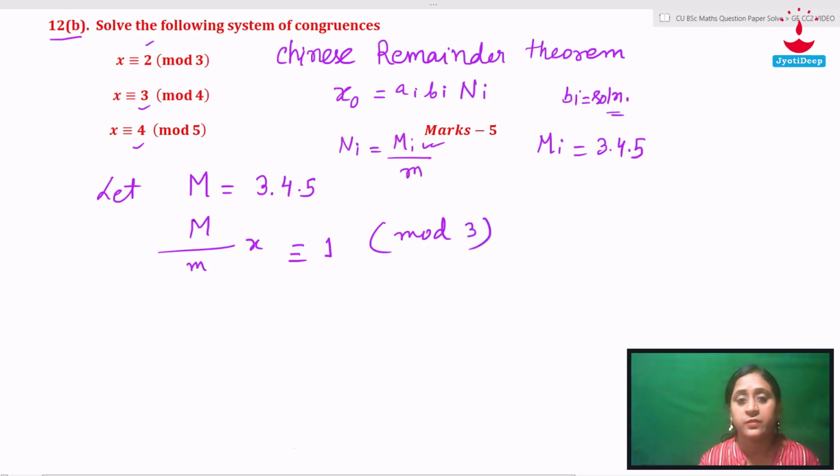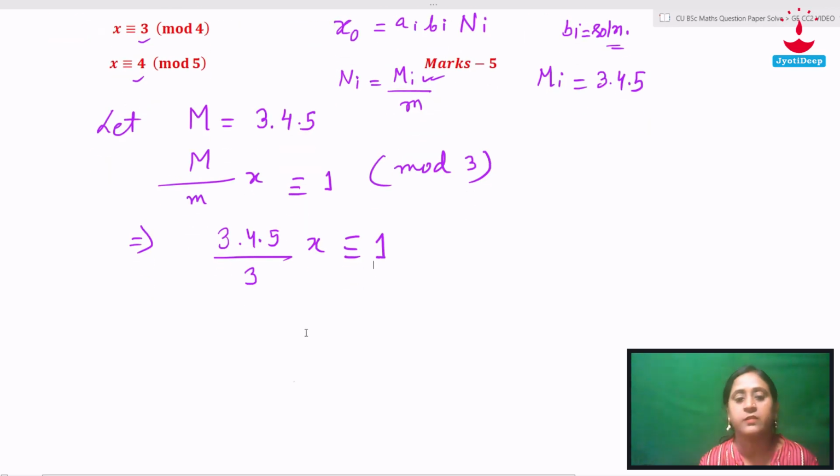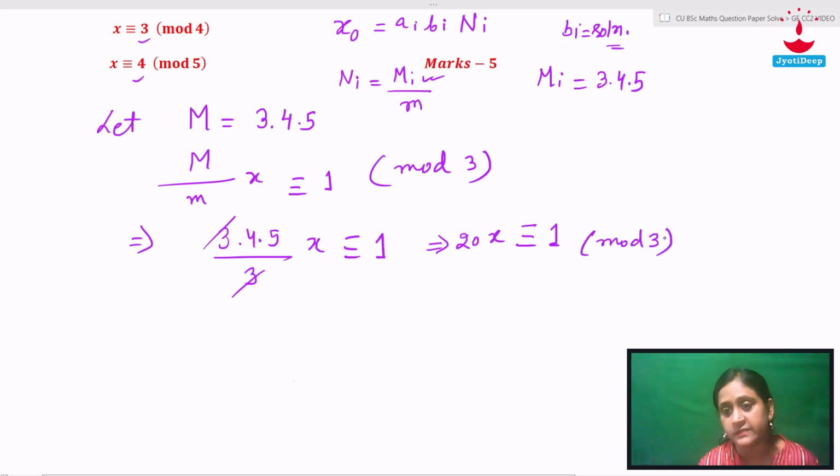Okay, so M means what? 3 into 4 into 5, and this small m is 3 over here. So we can write here 3 into 4 into 5 divided by 3 into x is congruent to 1. Okay, so this 3 cancels out. This implies 20 into x is congruent to 1 under mod 3.